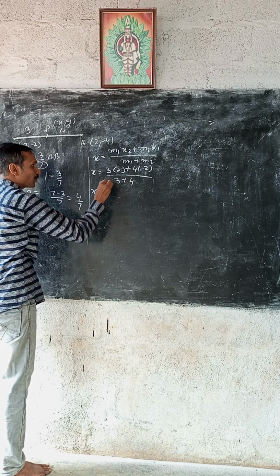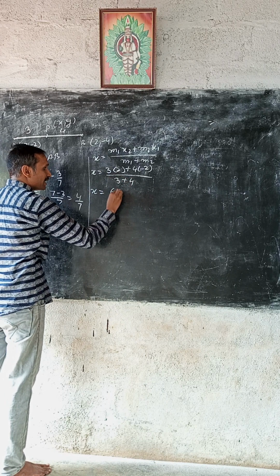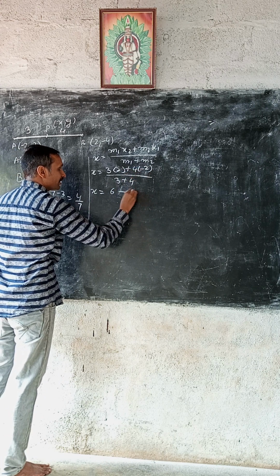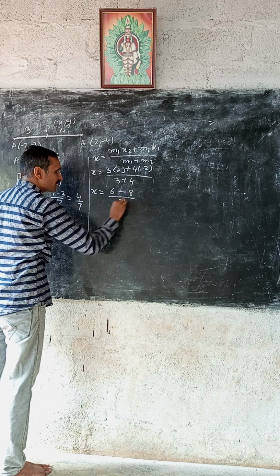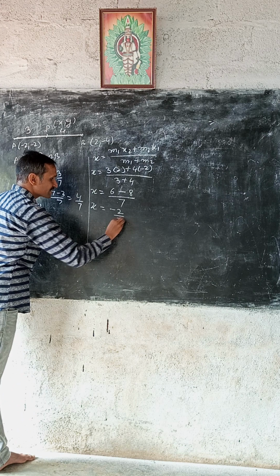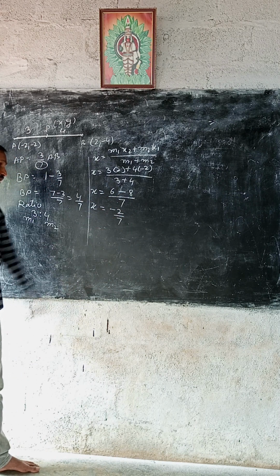Then x is equal to 6 plus 4 into minus 2, which is minus 8, by 7. So x is equal to minus 2 by 7.